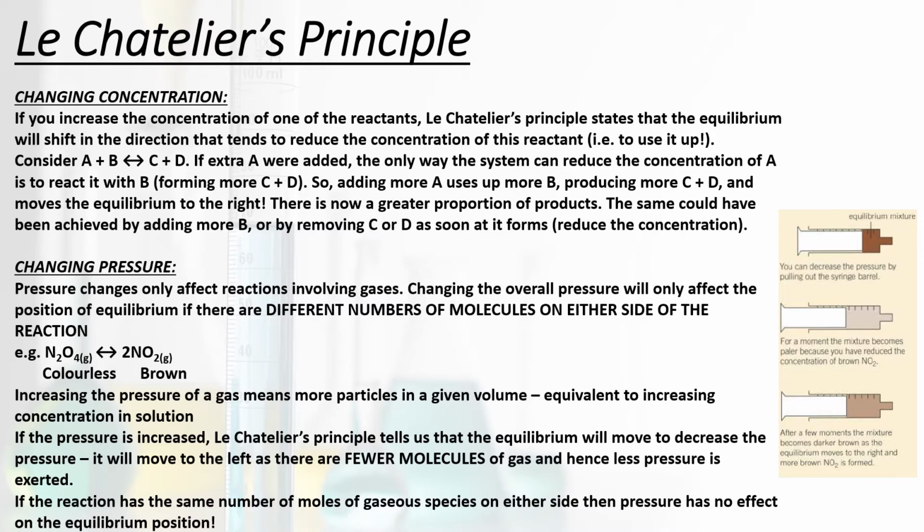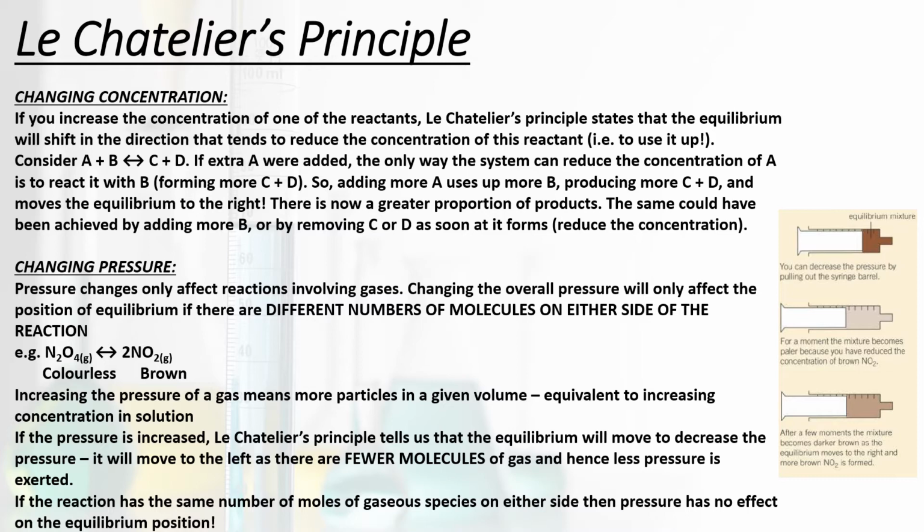So an example here is to take N2O4, and this is in equilibrium with nitrogen dioxide, NO2. Now we can actually visually see this because N2O4 is a colourless gas, nitrogen dioxide, NO2, is a brown gas.